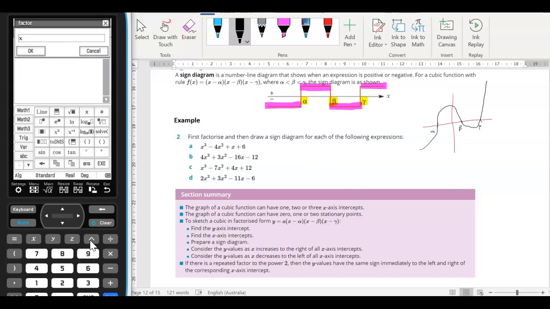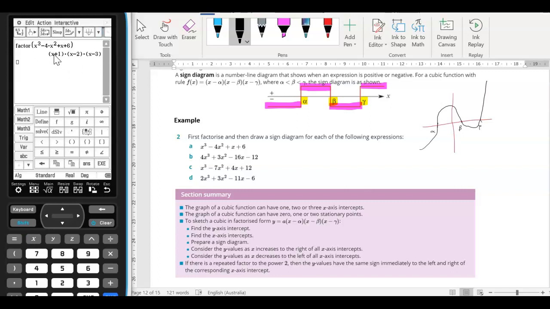So we've got x to the power of 3 minus 4x to the power of 2 plus x plus 6. All right, so the calculator has factorized it for us.